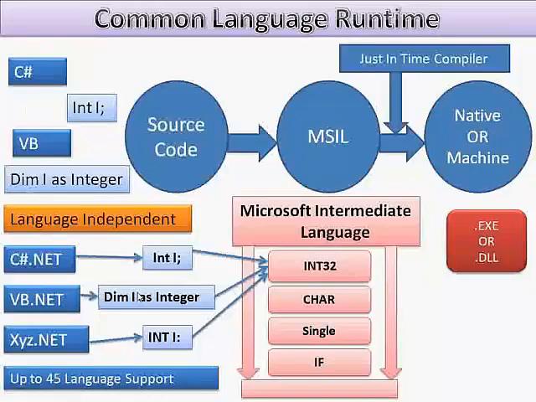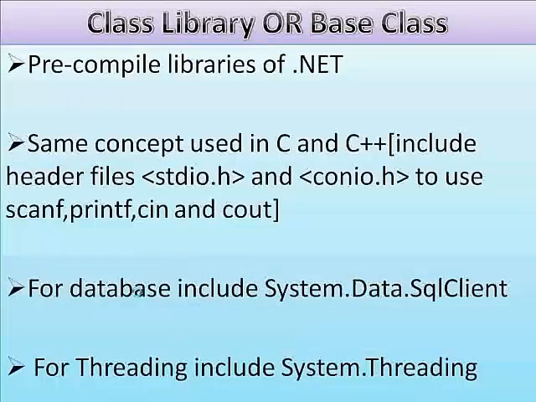Next one is class library or base classes. It's a set of pre-compiled libraries of .NET. It means if I want to use cin, cout, scanf, printf in C and C++, then first of all I have to include some header files like stdio.h and conio.h. The same concept is used here.